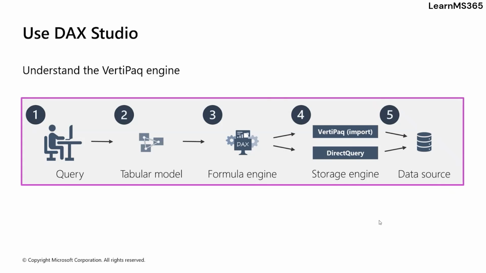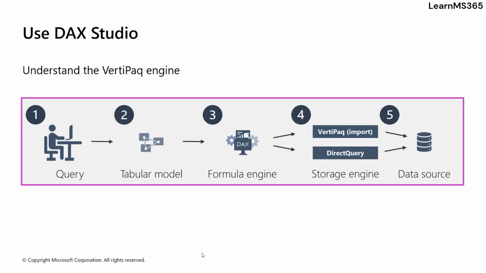And in step 4, the storage engine either retrieves the data from the model and stores it in memory for import mode, or passes the query onto the data source for DirectQuery. So for import mode, refreshing the data will retrieve the data from the source. Isn't it interesting?